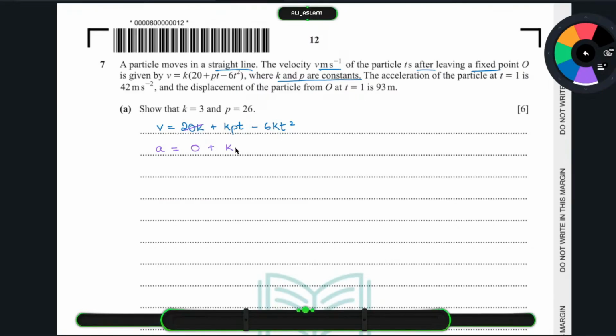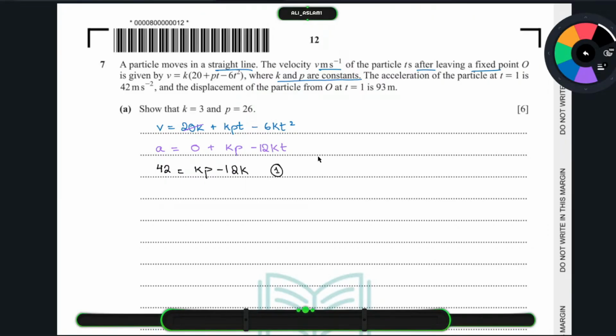That would become kp, and this would become minus 12kt. The acceleration at t1 is 42, so 42 is equal to kp minus 12k. This is our equation 1.